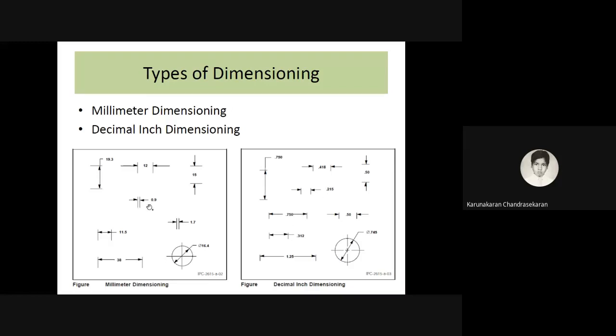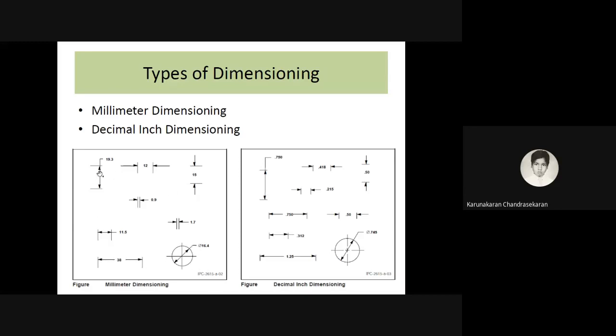So just by seeing this, we can initially observe whether it is inch dimensioning or millimeter dimensioning. Mostly the dimensioning also will contain this particular IPC 2615 logo and that particular dimensioning type A02. So that also we should note.